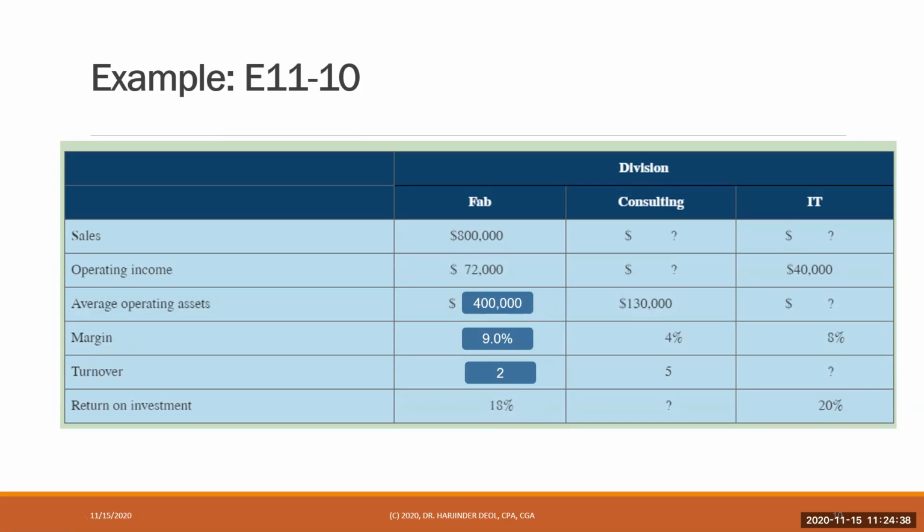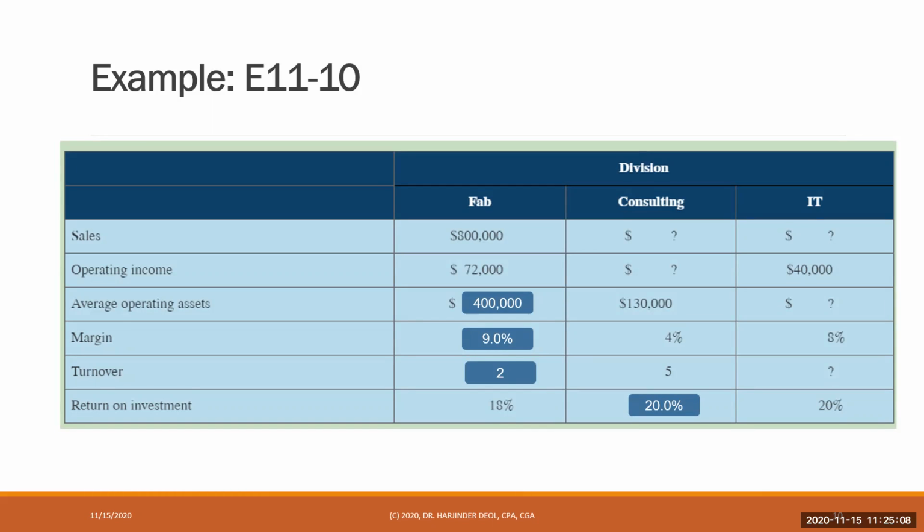For the consulting division, we are given an average operating assets of 130,000, margin 4%, turnover 5. So here, margin 4% times turnover of 5 gives us return on investment 20%. And taking ROI of 20% and the average operating assets of 130,000, we can calculate operating income.